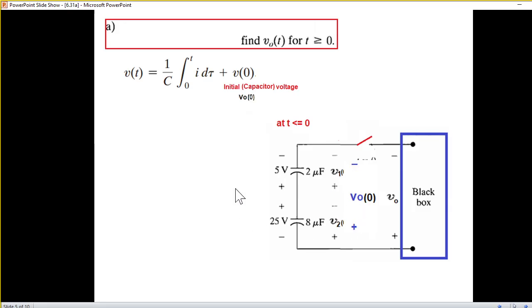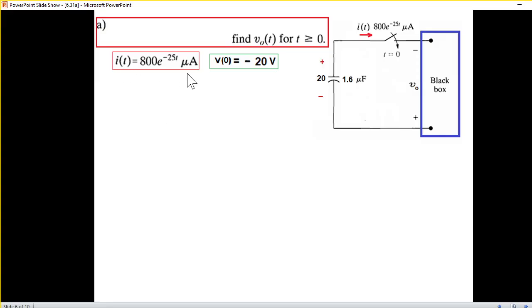Now, how much is v0(0)? The easiest way is to take a KVL. From here, plus v0 minus 5 plus 25, and from here we can calculate v0 to be minus 20. So keep in mind that the initial voltage for the two capacitors is now minus 20 volts.